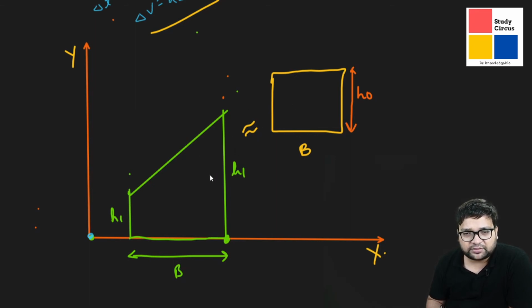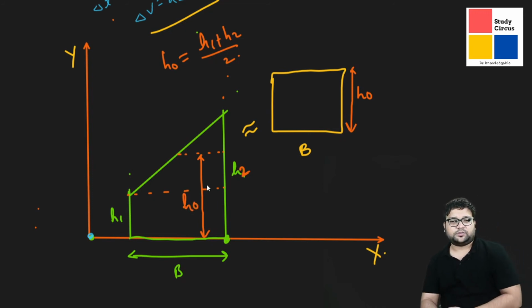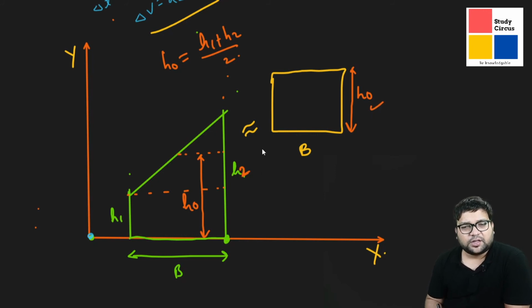The height that I should take is the average, h1 plus h2 upon 2, just the midpoint of these two, somewhere here like this. If I take h1 plus h2, the arithmetic mean, as h naught, then it will give me the area.